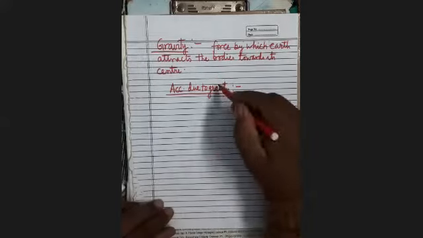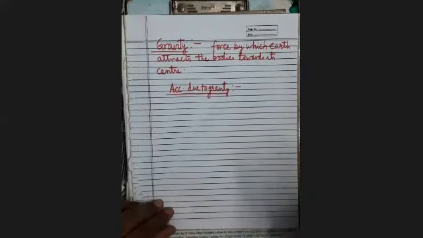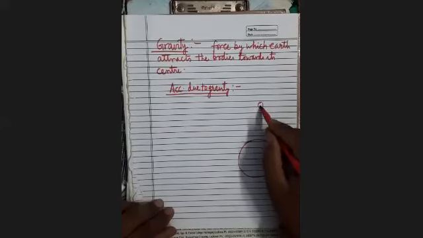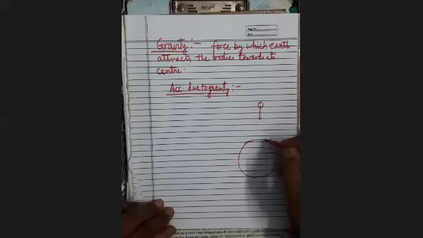Here, we are using gravity in the context of the earth. It is clear. So suppose this is the earth and a body is falling freely under the gravity of the earth. Because of the pull of the earth, it is falling freely. So the change in its velocity per unit time is called the acceleration due to gravity.